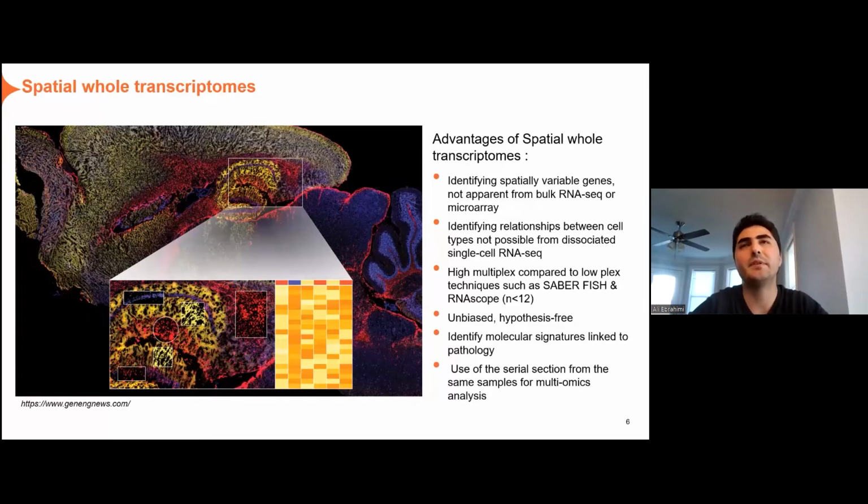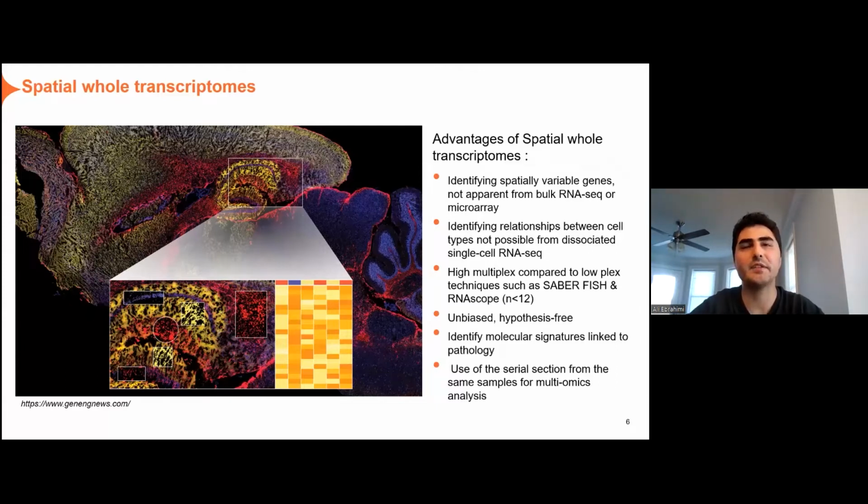For example, the previous technologies were like single molecule FISH or RNAscope. You could do like 10, 12 genes per slide, and you needed it to be targeted. So you know what genes you are looking for.